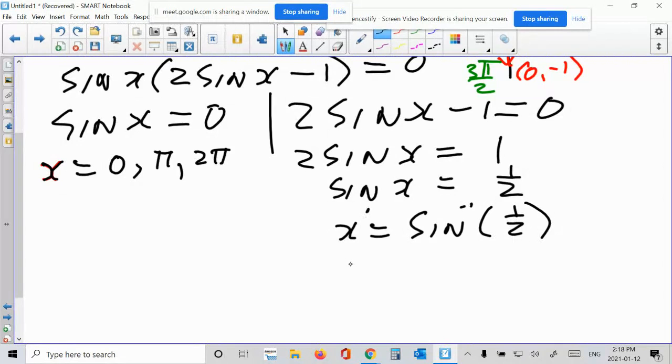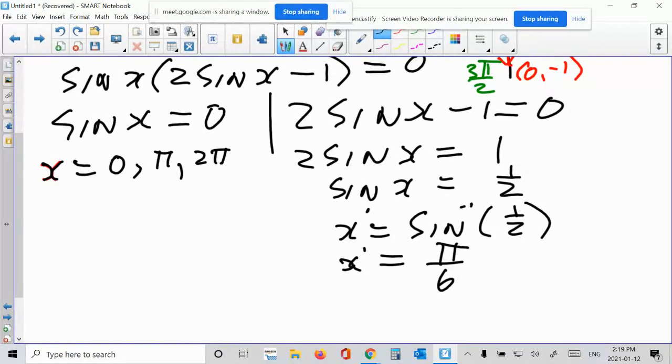I'm going to call it my x prime, because x prime is going to tell us what quadrants to get to. But let's first find what angle is a half for sine. I believe it's pi over 6, but you all should check that, because I need my triangles to help me out with that.